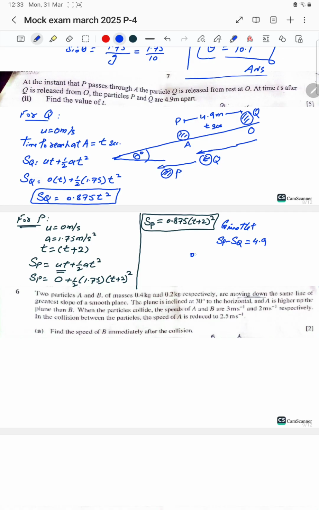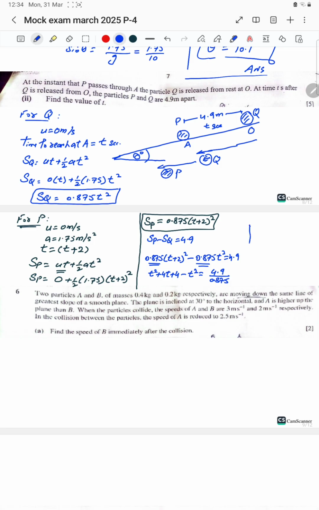Here I'm going to apply it to save space. SP minus SQ was 4.9 meters. So 0.875 times t plus 2 whole squared minus 0.875 t squared is 4.9. Taking 0.875 as common and bringing it to the other side, t squared plus 4t plus 4 minus t squared is equal to 4.9 divided by 0.875.